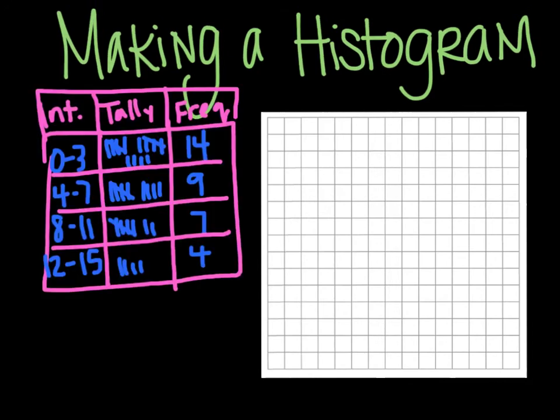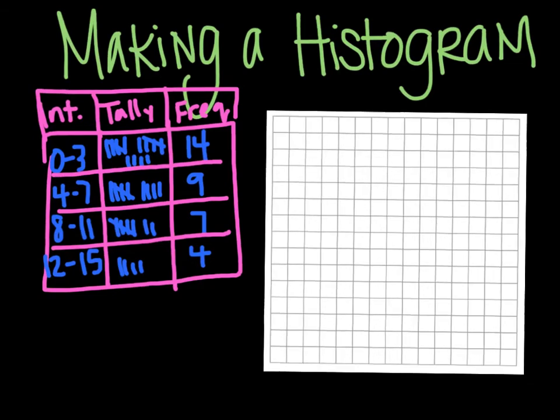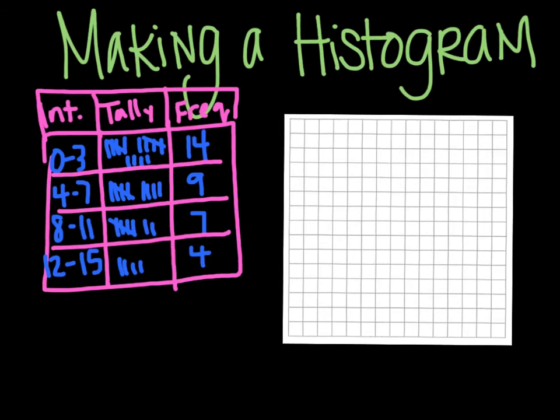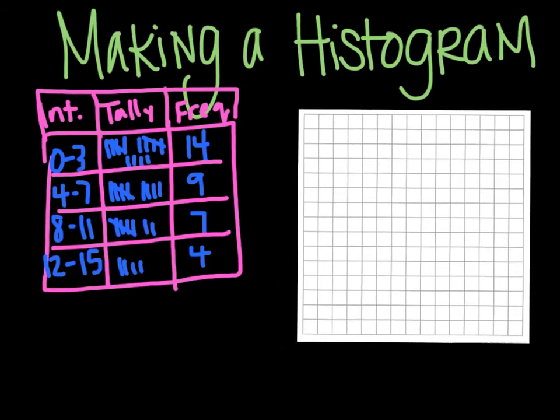All right, here is your frequency table from the science constellations. So I'm going to show you how you would make a histogram. So you're going to start with your intervals. Those are going to stay the same. And that goes at the bottom, and you want to include labels. So this is going to be number of stars.